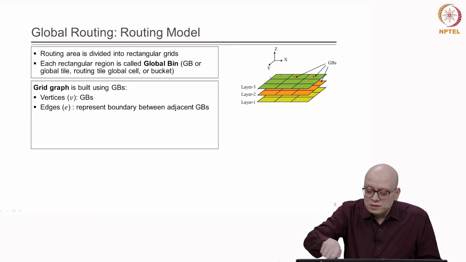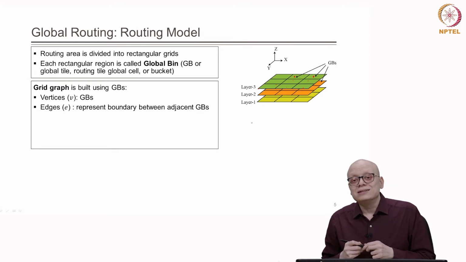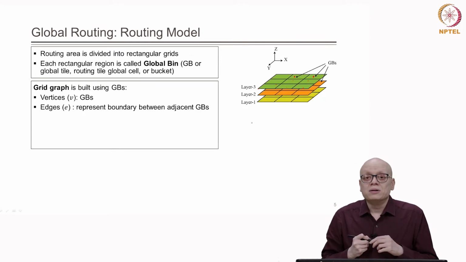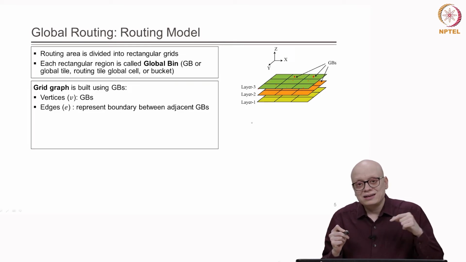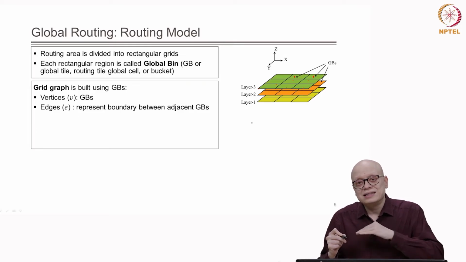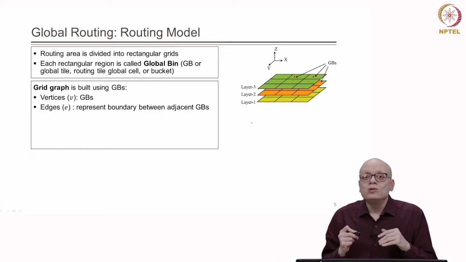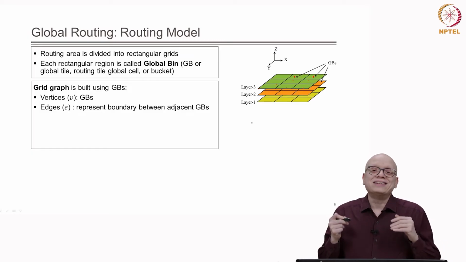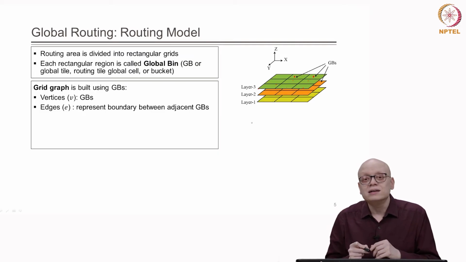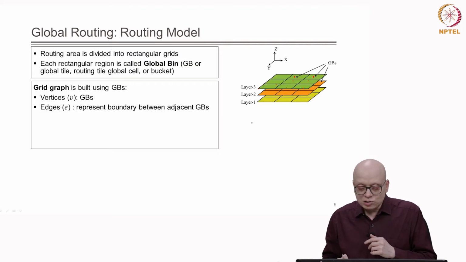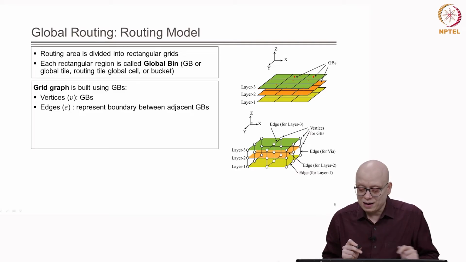Now, we have discussed earlier that the connections or the routing that is done for interconnection in various layers follow a preferred direction for each layer, right, and that is also taken into consideration while creating a grid graph, right. So, let us take an example of what happens, right.